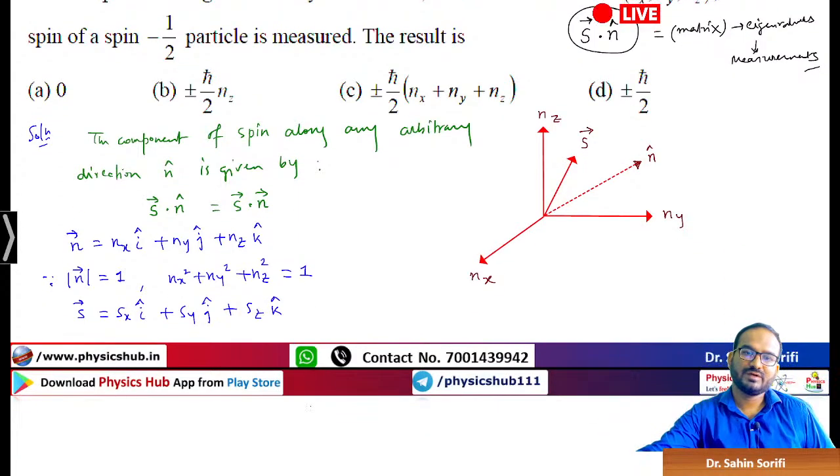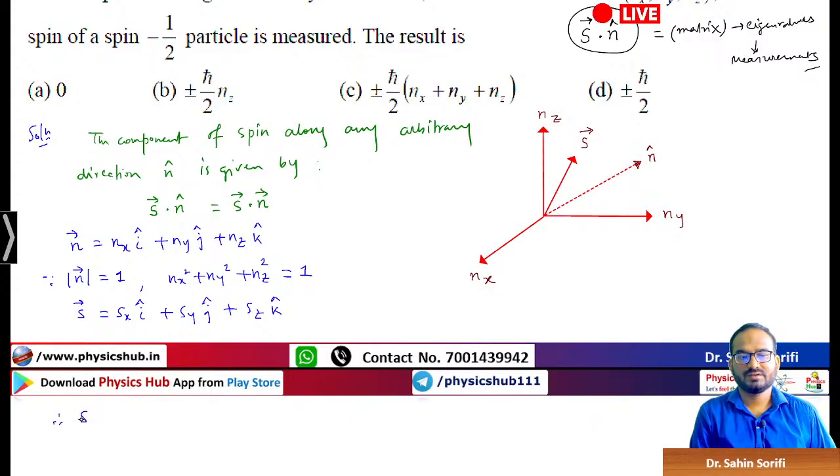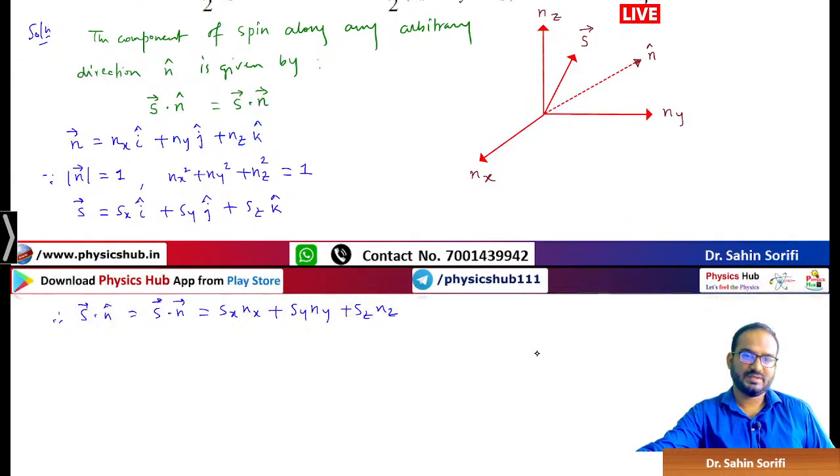If it is so, then what will be the value of S dot n cap? Therefore, the value of S dot n cap, that is S dot n, will become sx nx plus sy ny plus sz nz, right?